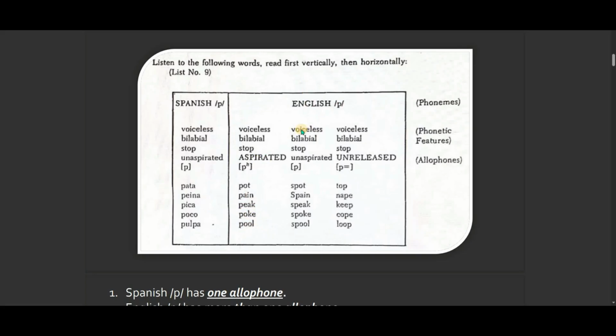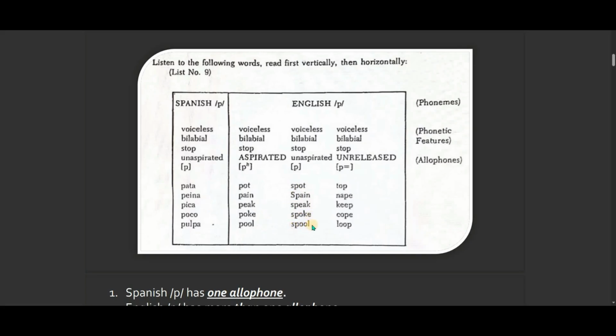Then English also has a voiceless bilabial stop unaspirated, which is the same as the Spanish allophone. Voiceless bilabial stop unaspirated, and it normally is found in the middle position of the word, like in the case of spot, Spain, speak, spoke, spool.